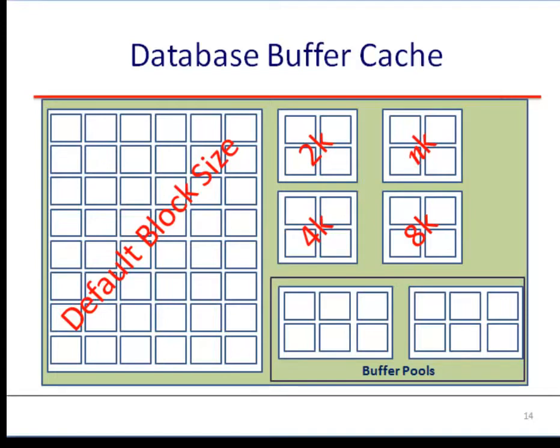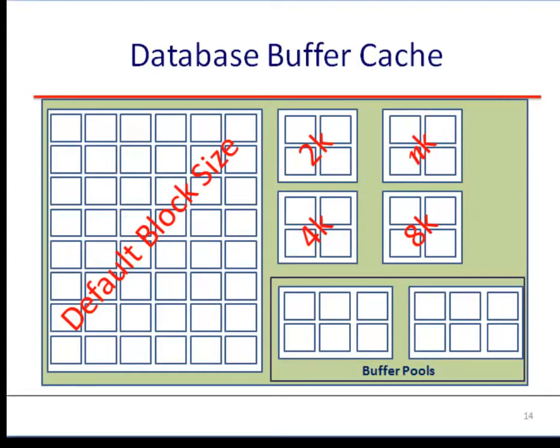Once they reach the end of the LRU list, if there is no request for these blocks, and at the same time there is a request to get more blocks into the list, then these buffers are returned back to the disk. So that is how the LRU algorithm works, and that's how the blocks operate within the memory.